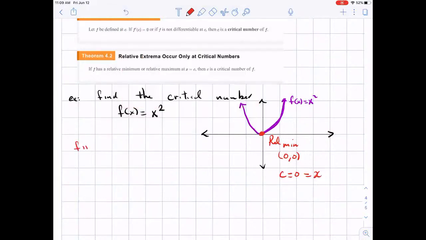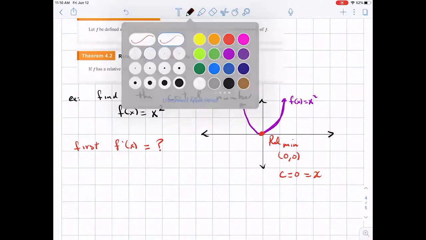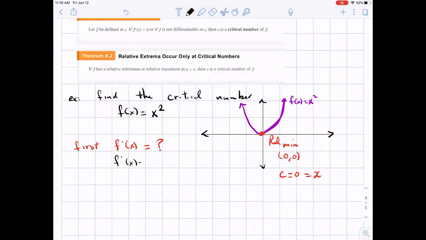So step 1 is, what is f prime of x? Well, f prime of x will be equal to 2x. That's the first step.